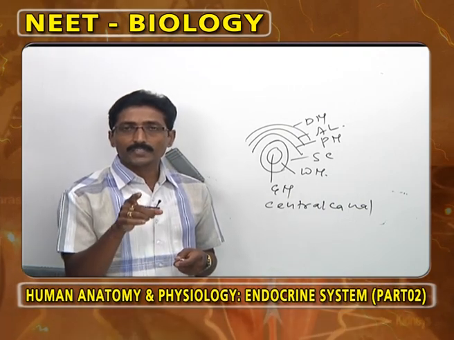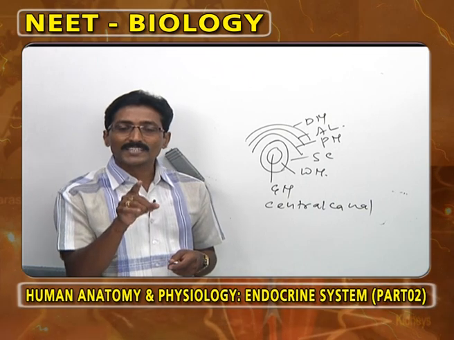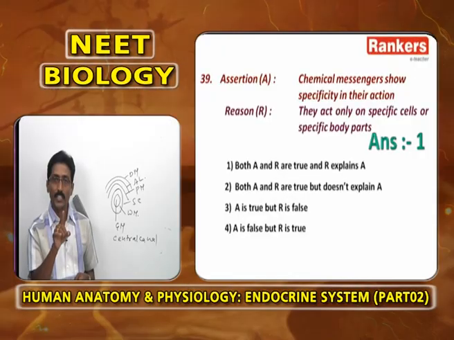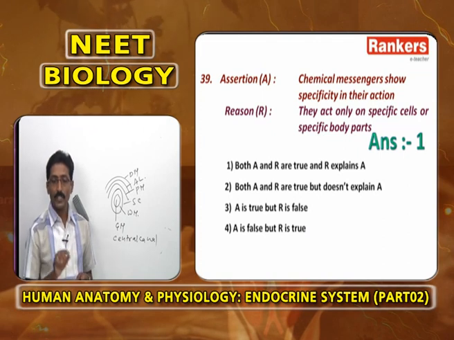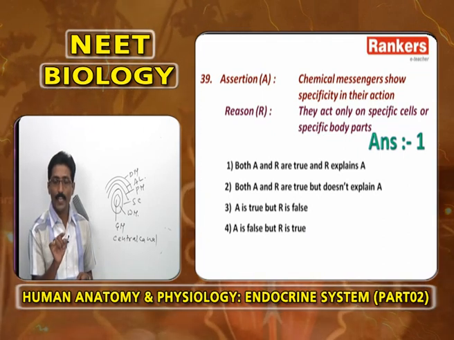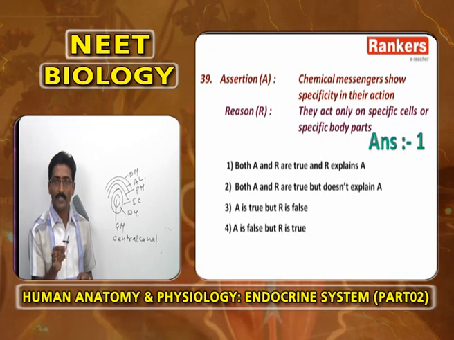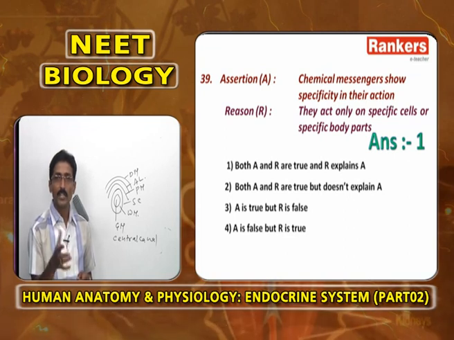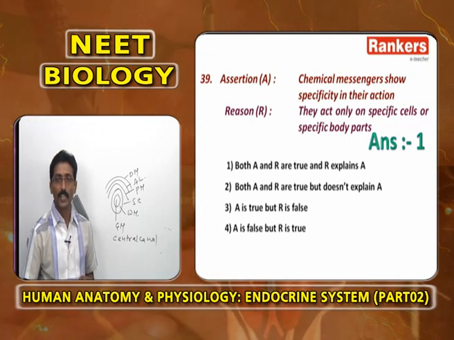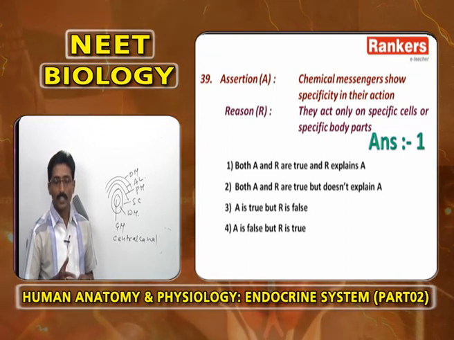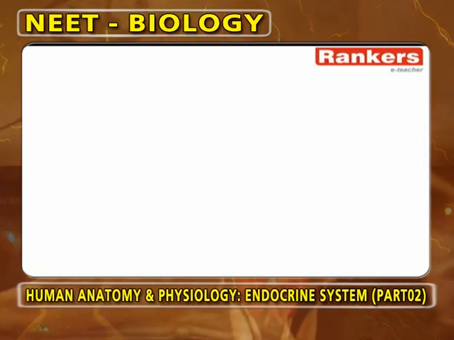Chemical messengers show specificity in their action. Each hormone has a specific target organ, so they act only on specific cells or specific body parts, so it is called specificity. So both are correct. R explains A. Now the last question.